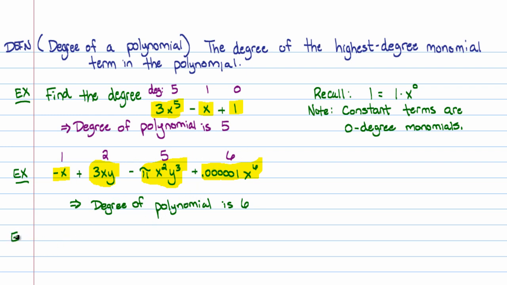This is how I usually describe it in class: if we manipulate this last example to rewrite it in descending power order, I'd have 0.000001 x to the 6th minus pi times x squared y cubed plus 3xy, and then finally minus x.